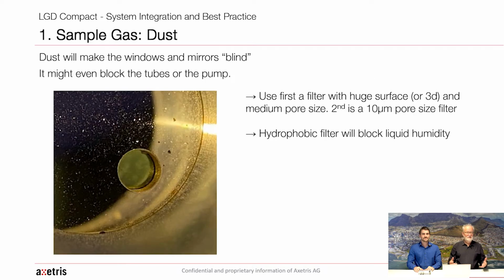Next item, we talk about dust. In contrast to condensation, dust would reduce the performance only a little if you have a little bit of dust, but it can also sum up over a long time, and after this long time you will have a lot of dust on the mirrors and on the windows, and you will lose a lot of signal.